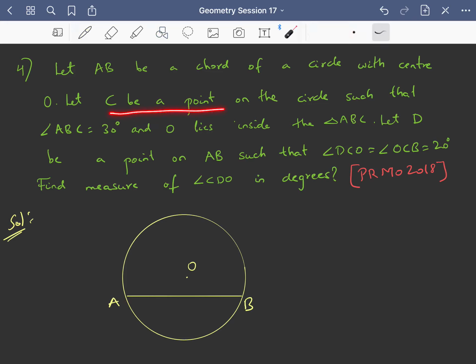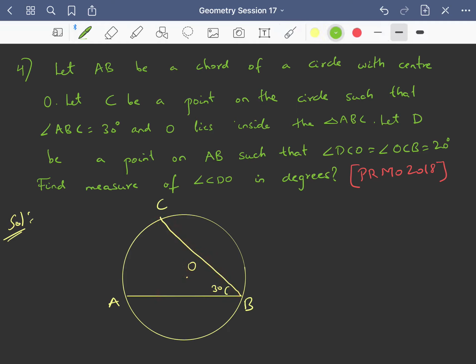And C is a point on the circle such that angle ABC is 30 degrees and O lies inside the triangle ABC. So C will be somewhere here such that this angle is 30. Fine. Next, it is given that D is a point on AB such that angle DCO is equal to angle OCB is equal to 20.